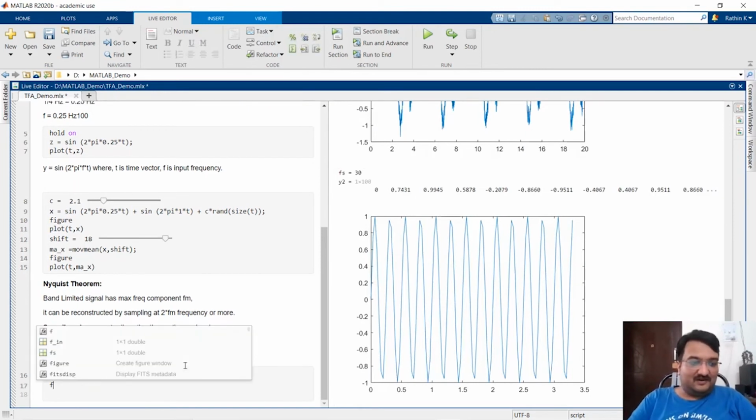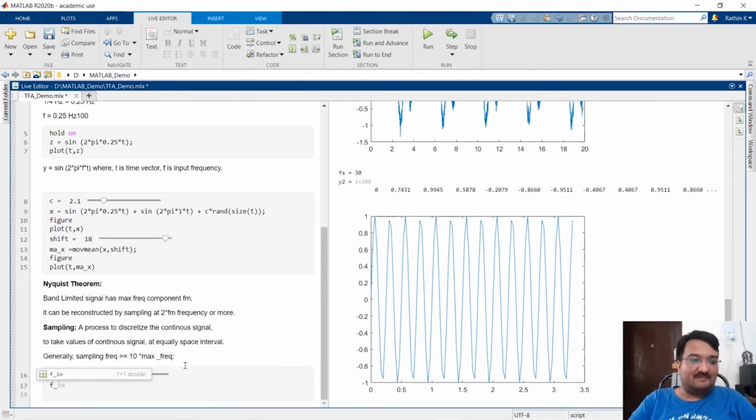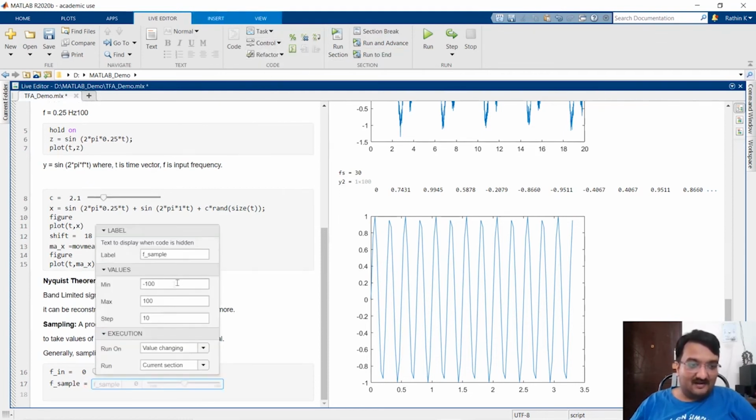Let's take one more frequency, which is your sampling frequency. Here again I'm repeating, input frequency is the frequency of your signal, and sampling frequency is the frequency at which you are sampling that signal. Again we'll put a control slider, but earlier we kept input frequency 0 to 20.